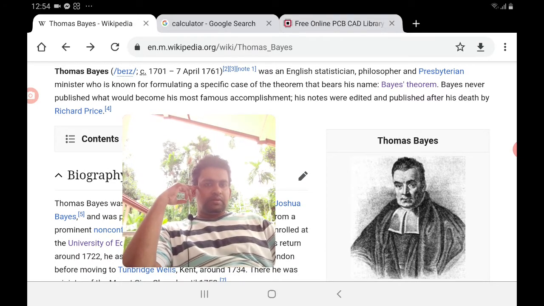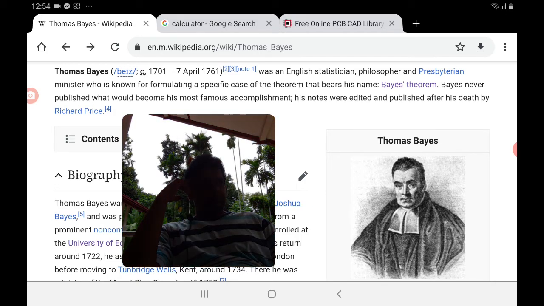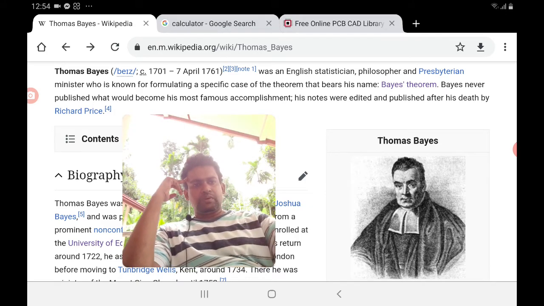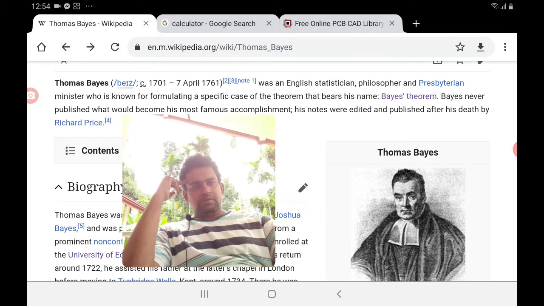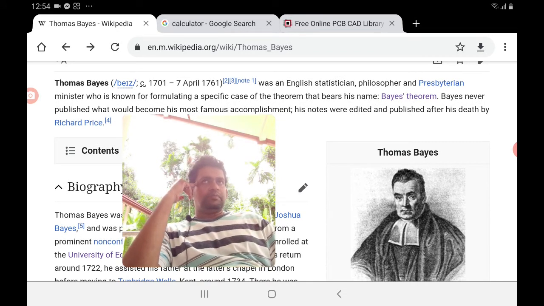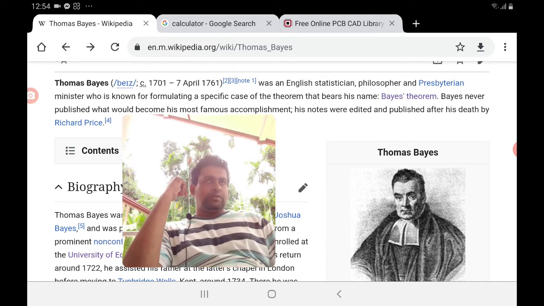It's based on Bayes theorem, and it's a question that I had from the initial stages of this pandemic, COVID-19. It's actually based on some other tutorial I saw on YouTube, a Bayes theorem based tutorial.